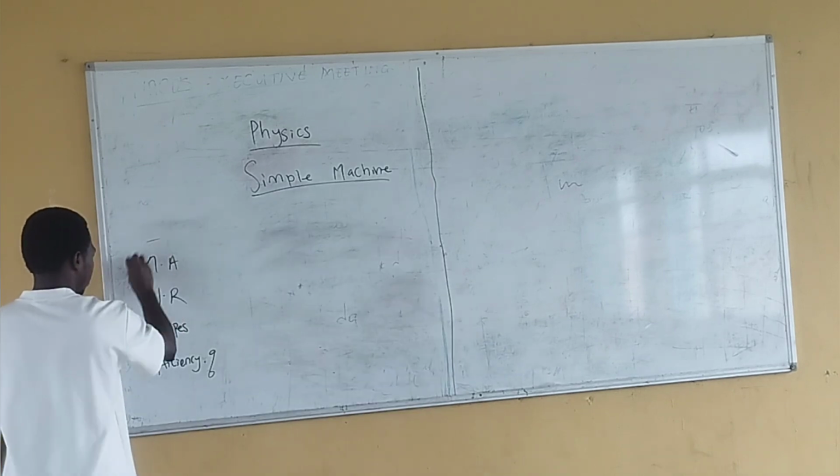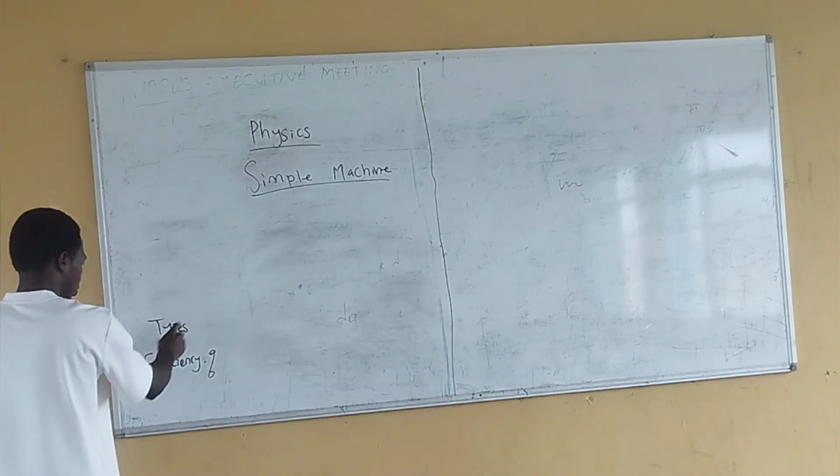We have done definition, mechanical advantage, and velocity ratio. We are going to types.